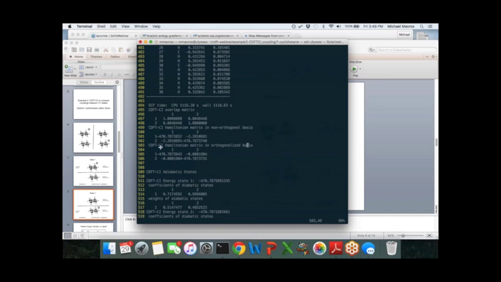So the CDFT-CI Hamiltonian in orthogonalized basis, CDFT-CI performs a symmetric orthogonalization, will give you the energies of the two diabatic states on the diagonal. So this is the energy of diabat number 1 and diabat number 2. And then the coupling in the off-diagonal. So the coupling between these two cyclohexane states, CDFT-CI estimates, is about 0.1 millihartree, or 0.2 millihartree.